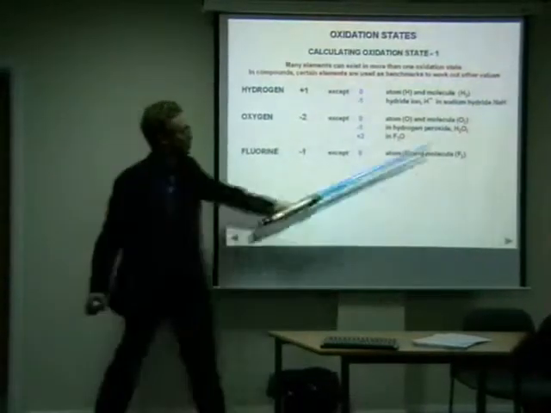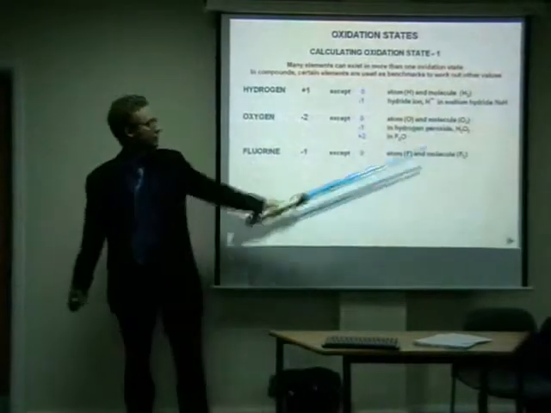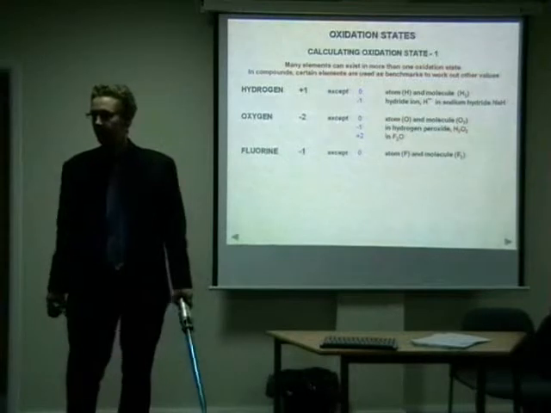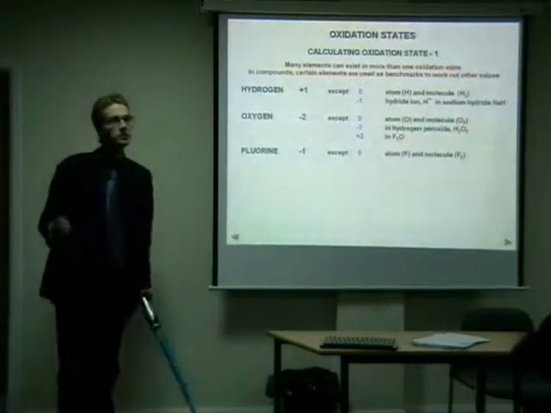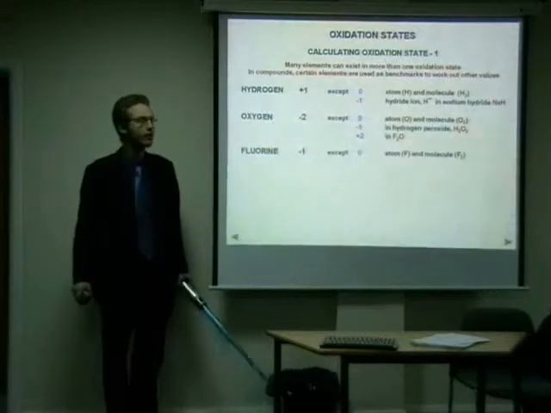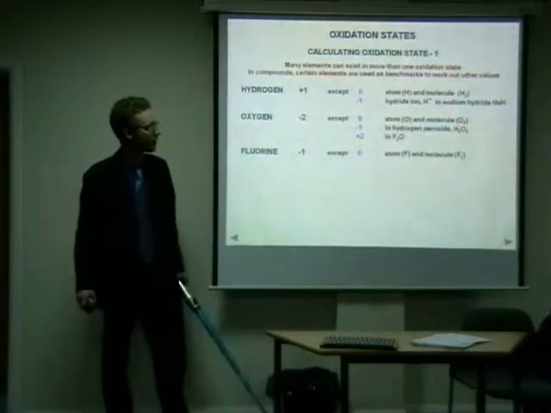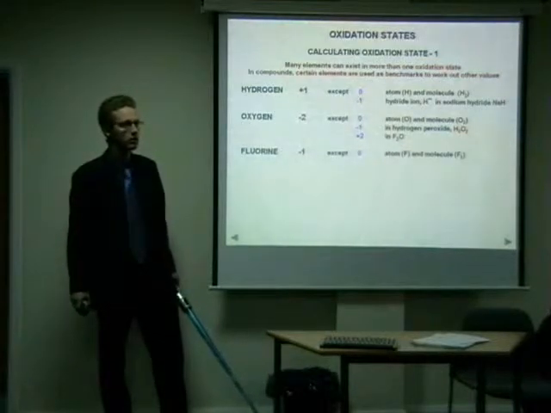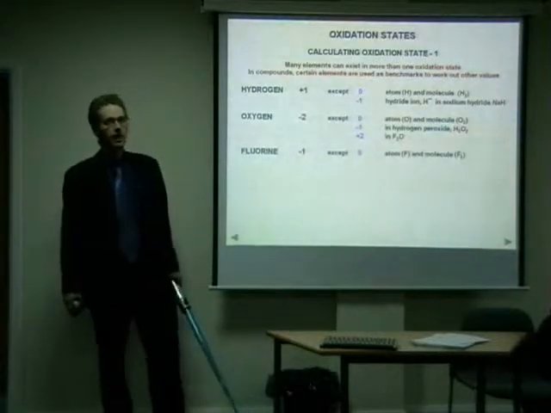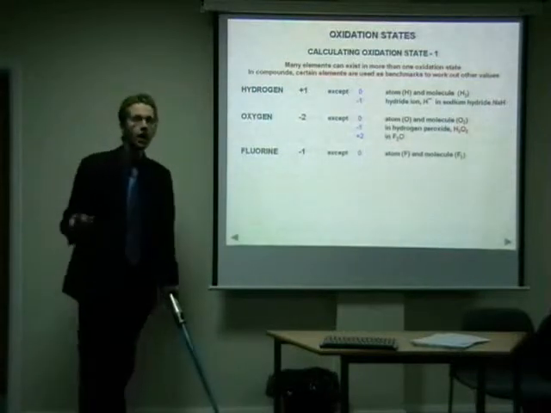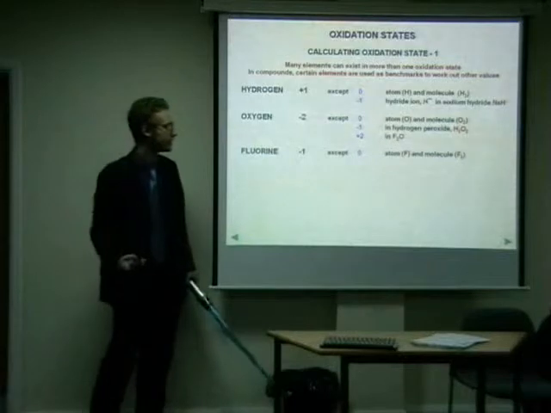It's not just sodium hydride, any metal. So label this up. When hydrogen is combined with a metal, then its oxidation state is -1. Two other examples of that at A level are NaBH4 and LiAlH4. Those both contain the hydride ion, which is H-.